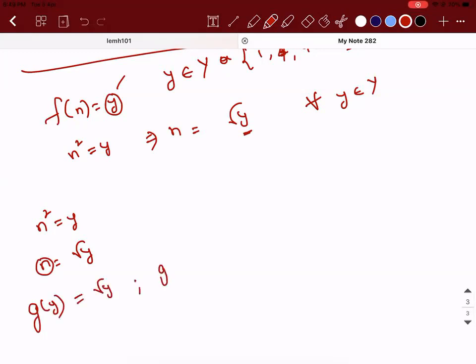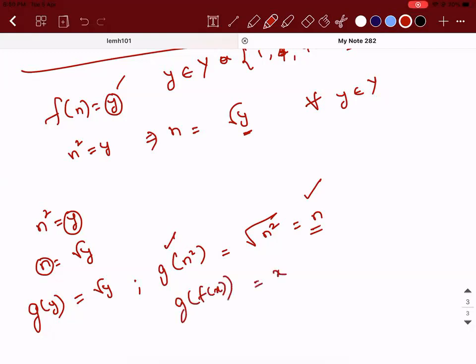But what is y according to us? n square. So g of n square is equal to the square root of n square, which will give you n. So g of f of x is giving you n. If that n is confusing you, the actual meaning is g of f of x is equal to x. So g of f of n is equal to n.